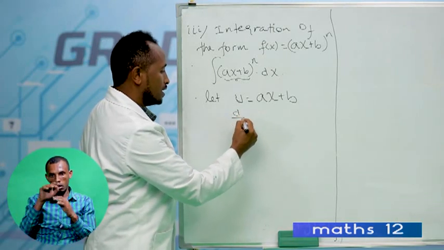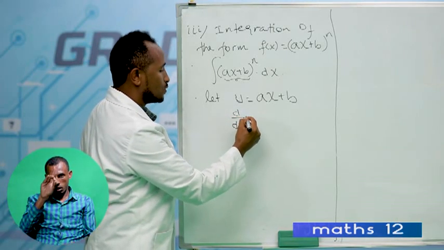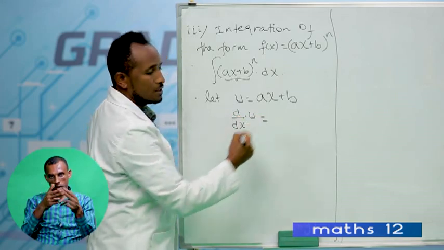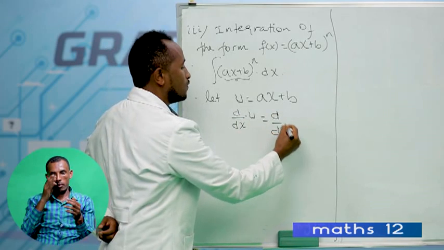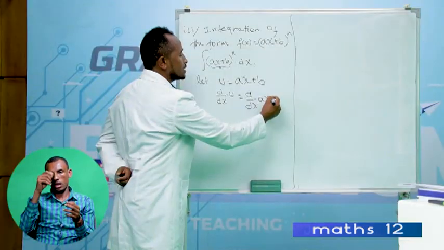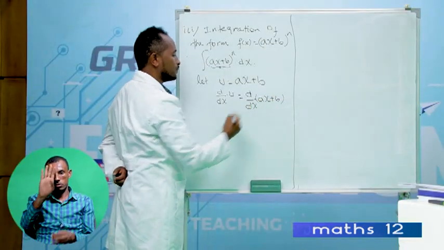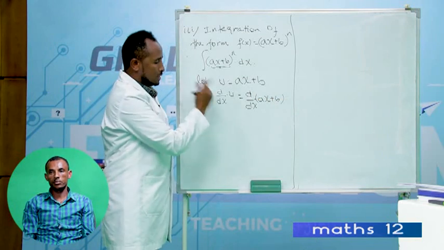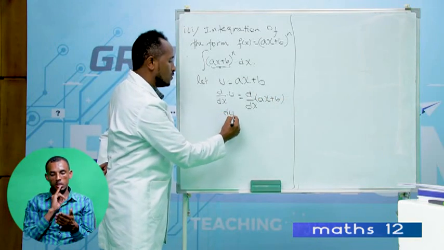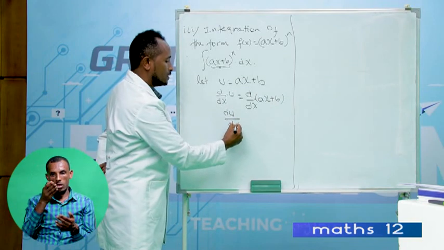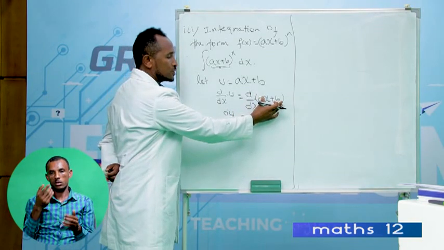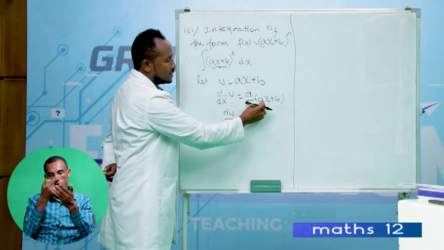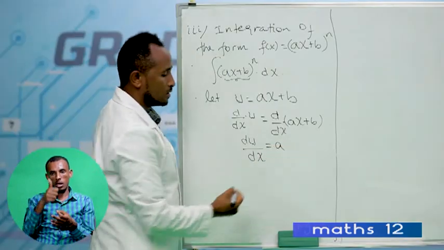That means d by dx of u is equal to d by dx of ax plus b. The derivative of this, du by dx, is equal to the derivative of this expression with respect to x, which is simply a.